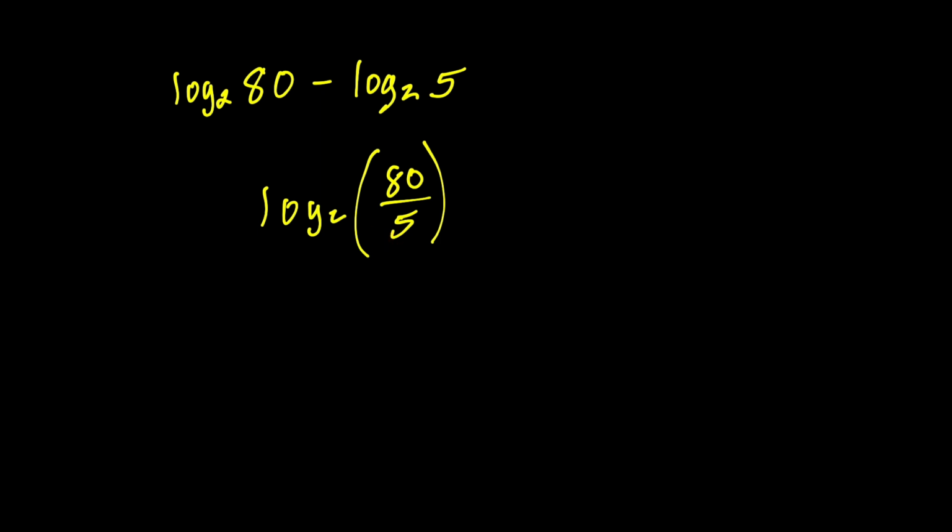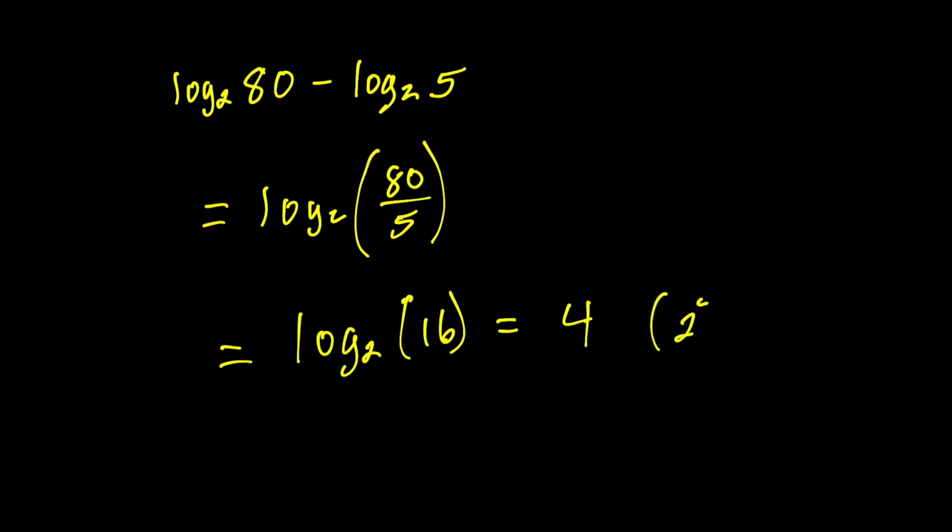This is the correct way of doing this. 80 divided by 5 is 16, and 2 to the fourth is 16, so the answer to this question is 4.